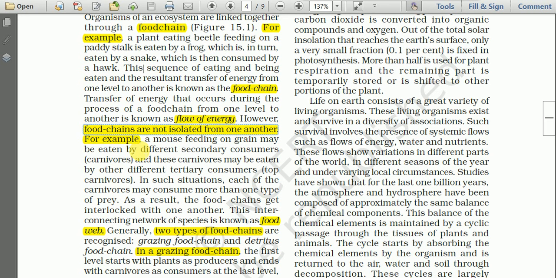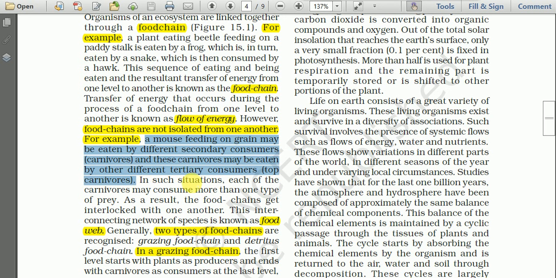For example, a mouse feeding on grain may be eaten by different secondary consumers, that is carnivores, and these carnivores may be eaten by other different tertiary consumers, that is top carnivores, as we have got there.